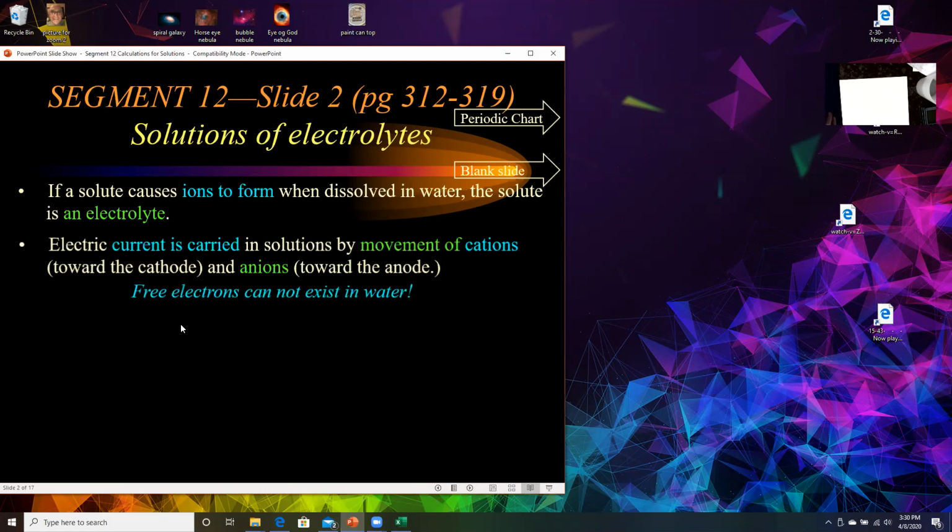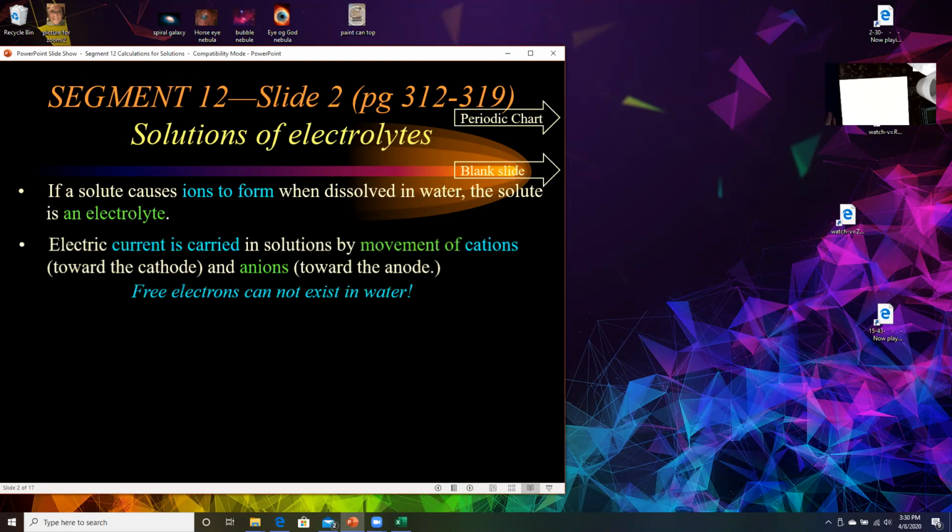Now, you can't have free electrons in water. An electron is so tiny that when you put an electron into water, it will destroy the water. Every mole of electrons that you put into water would break the water molecules up, and you would have hydrogen gas bubbling off where that electron is going in at the negative electrode.